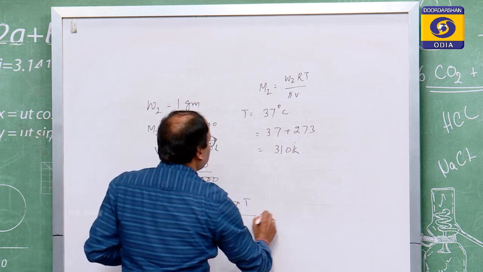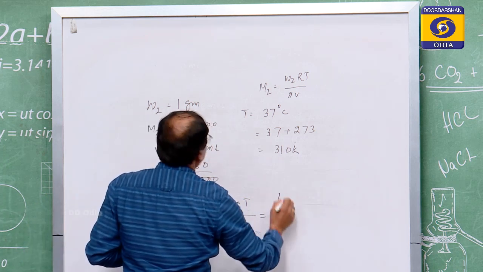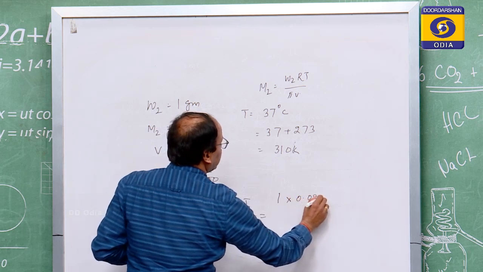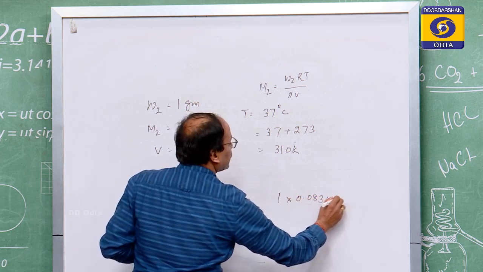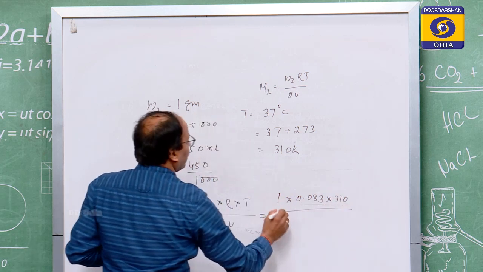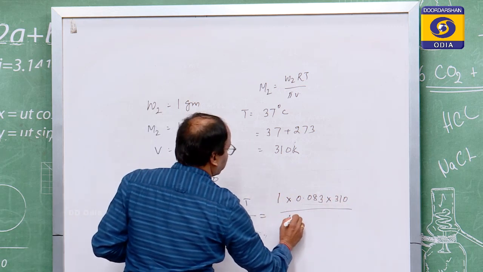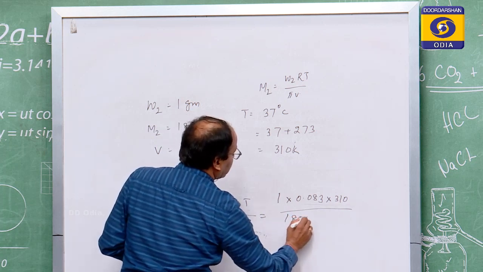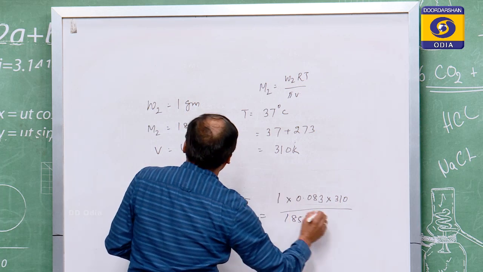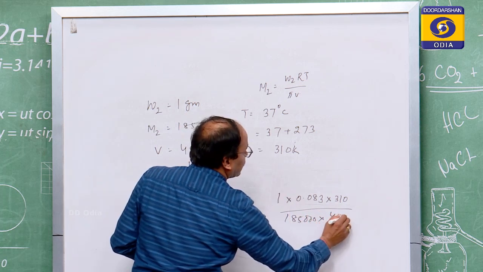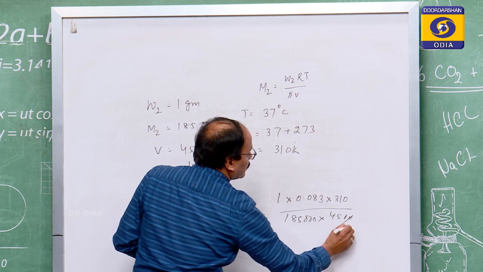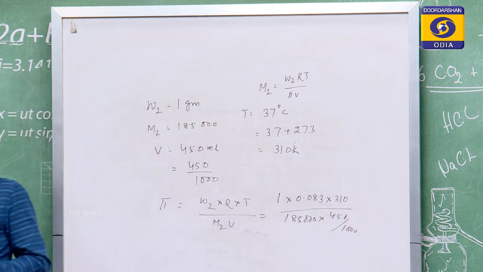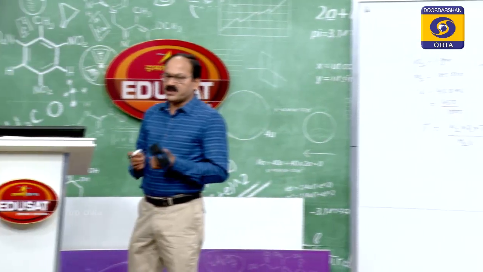So, W2 is equal to your 1 gram, then R is 0.083, a constant quantity, T is 310, then divided by M2, M2 is your 1,85,000, into V is your 450 by 1000. So, by putting all these values, you can calculate the osmotic pressure of the solution.